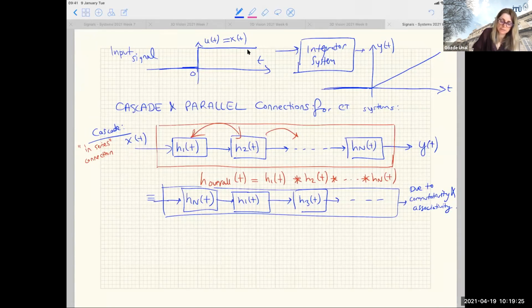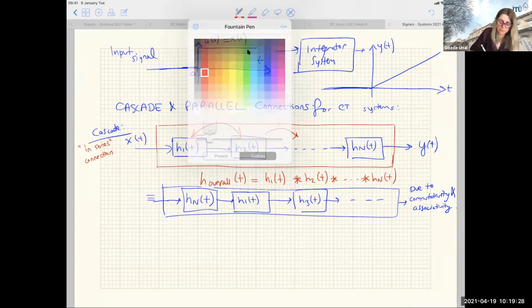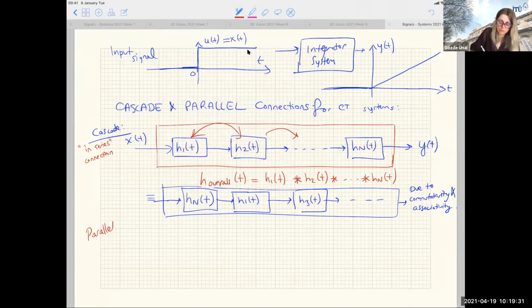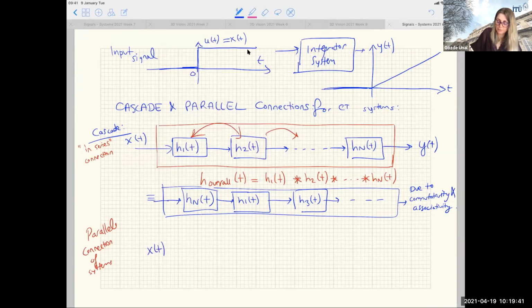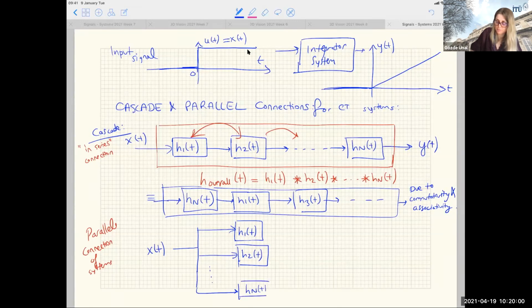Parallel connection of systems is, remember, the same as in discrete time. I take an input, and this time the same common input goes to multiple systems. That was the idea. This could be done for many, many systems, up to H sub n of t, and we can just add these up.